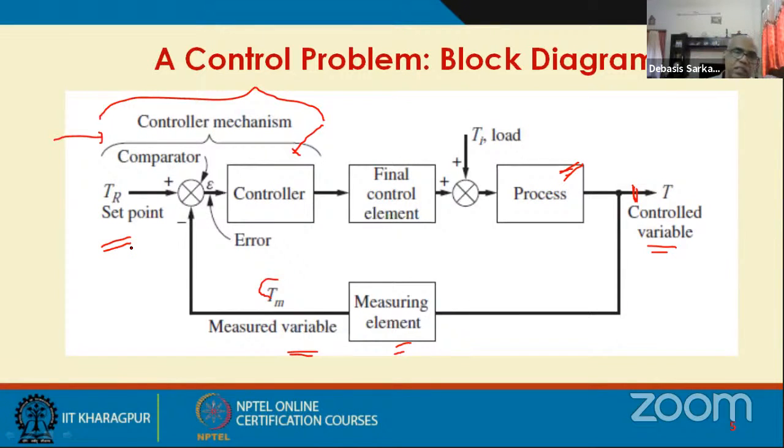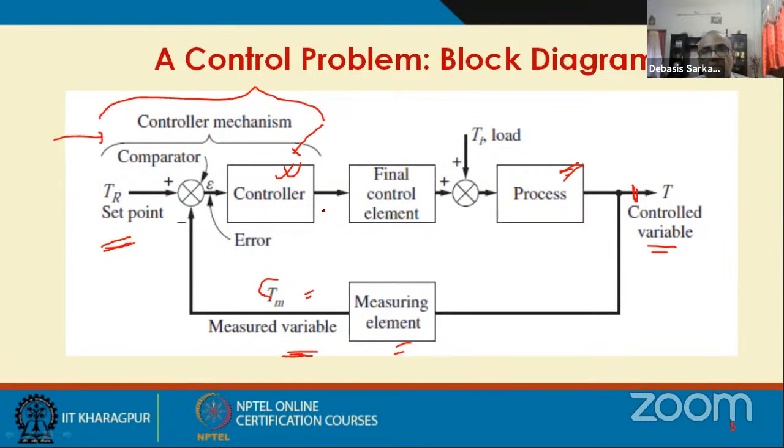Note that when the error signal is 0, it means that the set point temperature and the measured temperature are the same. But when the error signal is not 0, it means either the measured temperature is higher than the set point or lower than the set point. So that error signal goes to the controller, and then the controller decides what needs to be done.